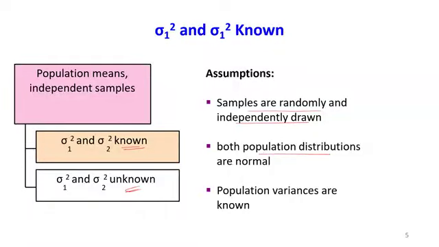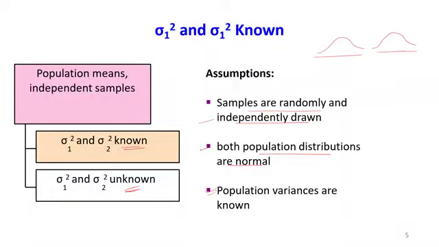And both the population distributions are normal, because only in that way can we refer to the Z distribution. These are assumptions. We have to assume these things when we are performing this test, and we have to explicitly call out that these are the assumptions we have considered. Based on that only, we are inferring this kind of conclusion.